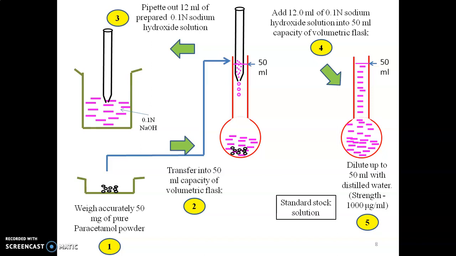Now, dilution number 1 solution is prepared by using the standard stock solution. The strength of the standard stock solution is 1000 microgram per ml.